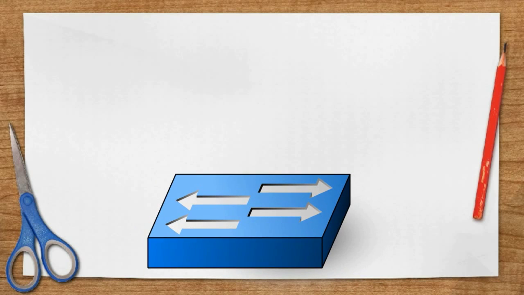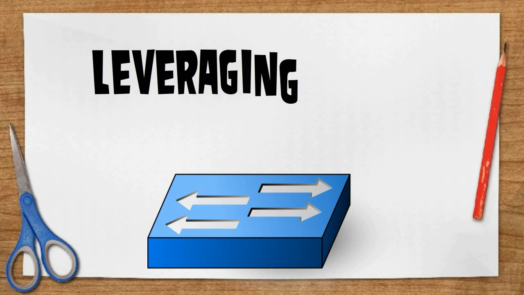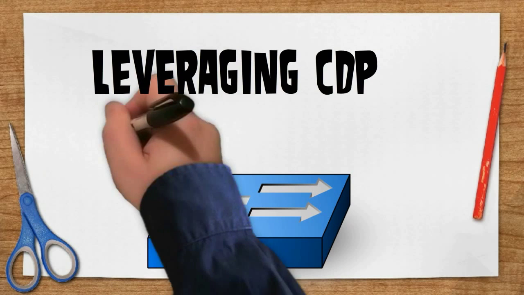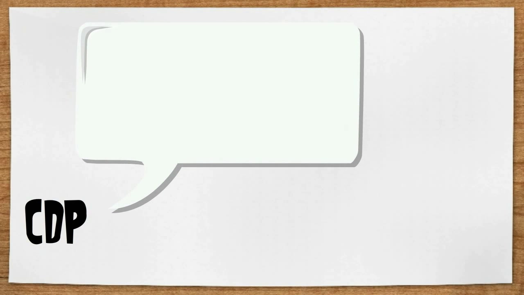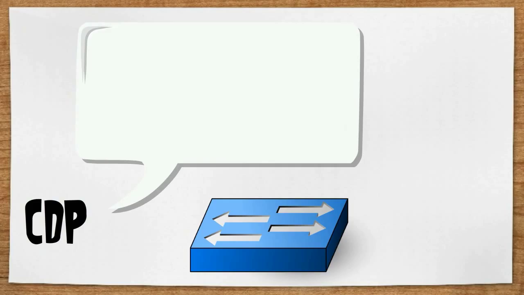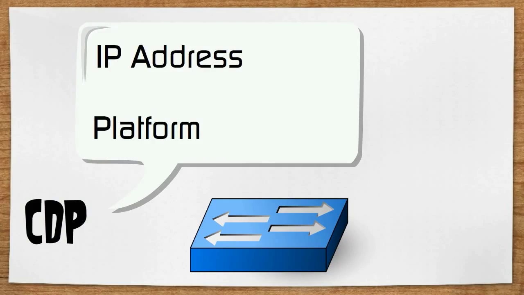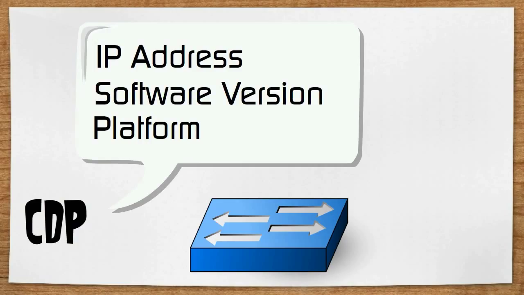Another attack that only affects Cisco devices is leveraging CDP, which stands for Cisco Discovery Protocol. This protocol broadcasts information about the sender, such as the IP address, software version, and platform compatibilities, so that nearby Cisco devices can auto-configure themselves to make connection easier.